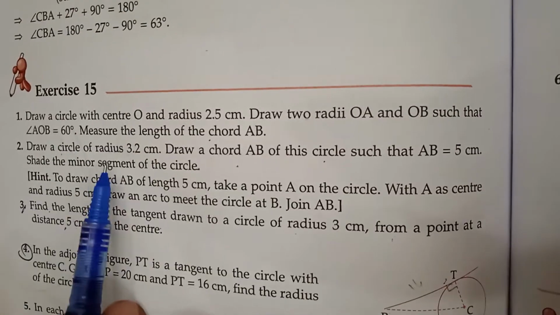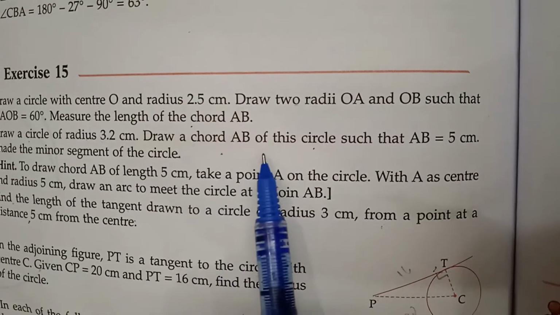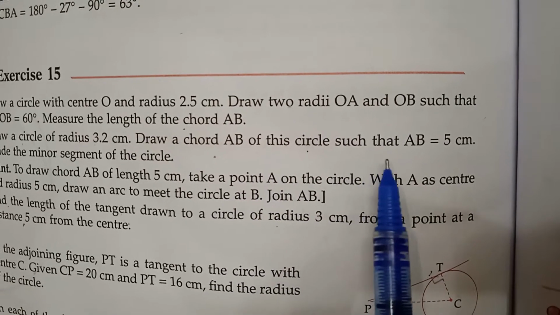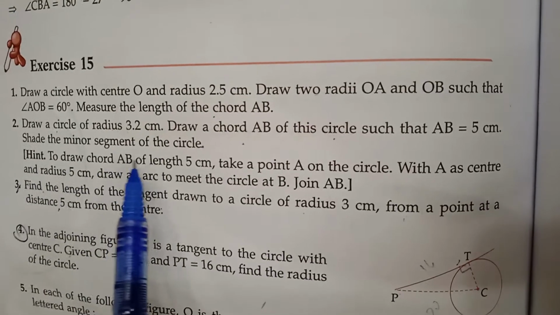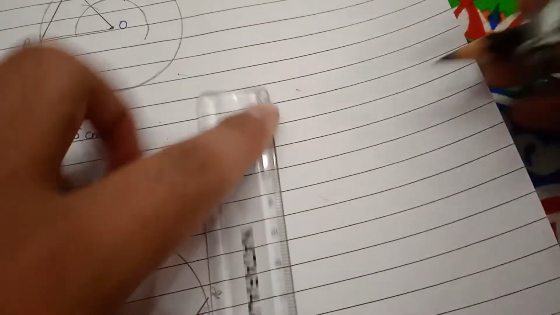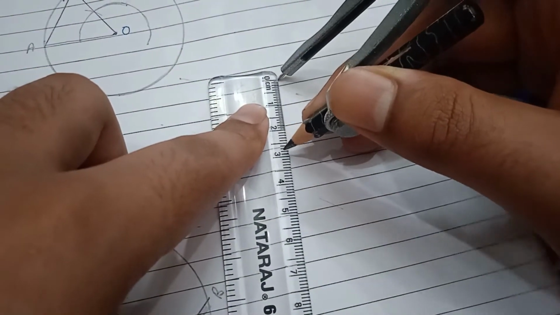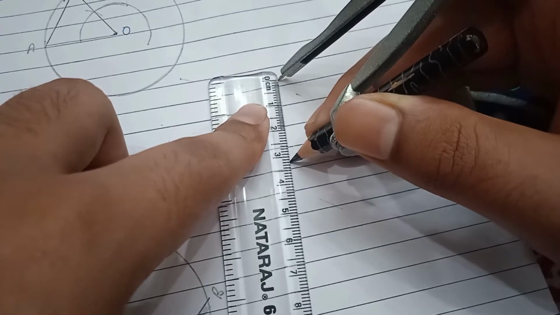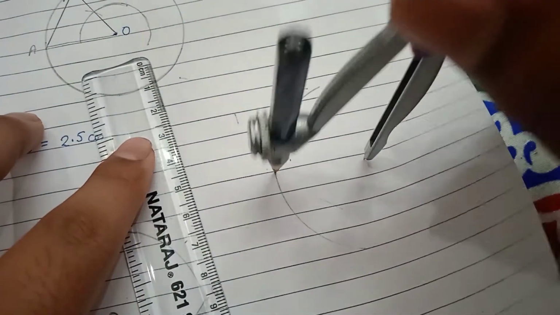Draw a circle of radius 3.2 centimeter. Draw a chord AB on this circle such that AB equals 5 cm. Shade the minor segment of the circle. Let's see. Here we will measure 3.2 cm on the compass and make a circle like this.